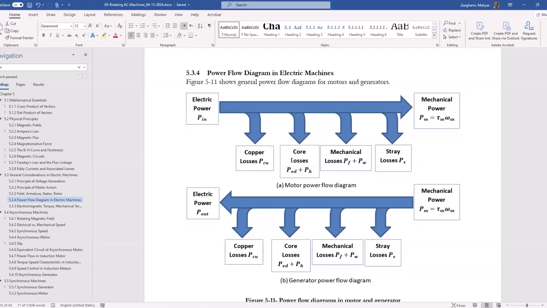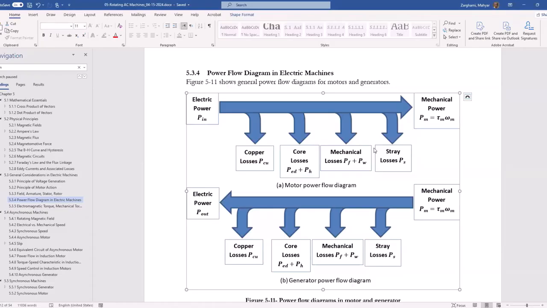Remember when we talked about the magnetic core, there would be some losses associated with it, depending on the magnetic material. Those losses would be in the form of hysteresis loss or eddy current loss, right? So that collection of losses together is called core losses. Then your machine has some rotating parts that have friction with respect to one another.